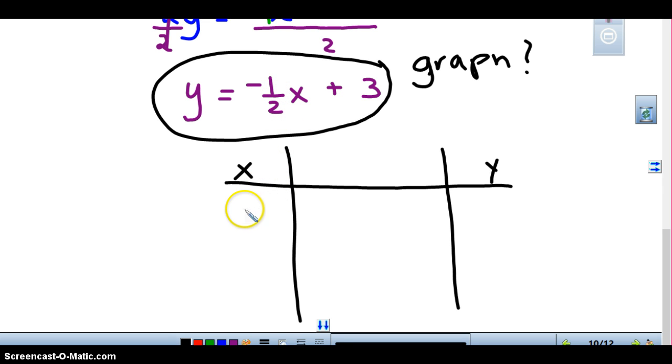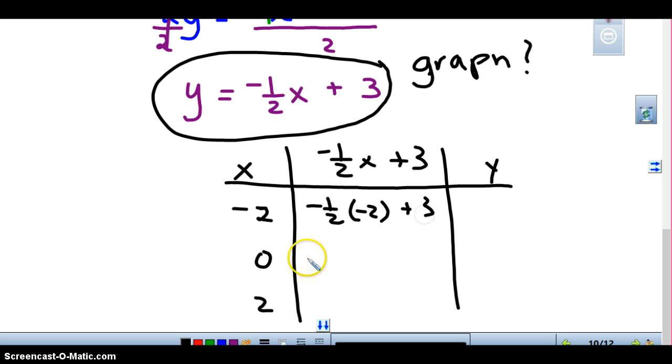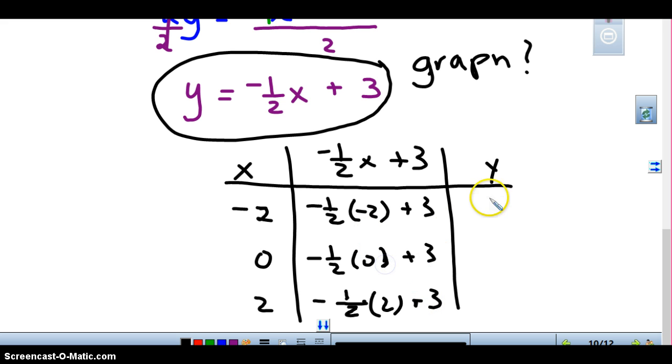So, I have to use, for example, negative 2, 0, and 2. If we substitute into negative 1/2 x plus 3, I would substitute negative 2, then I would substitute 0, and I would substitute 2. Once I find my values for y, can I now graph? So the only thing you have to do is find your values for y, create your ordered pairs, and you're ready to graph.